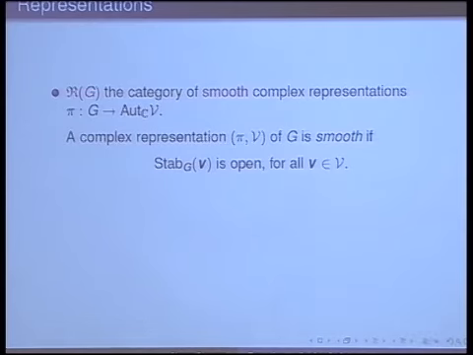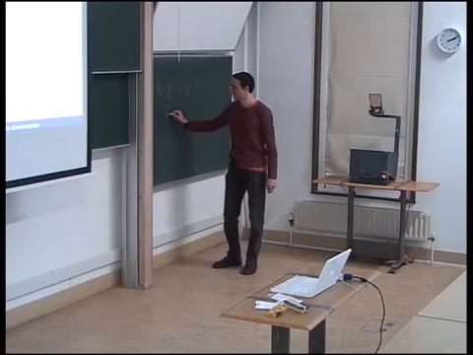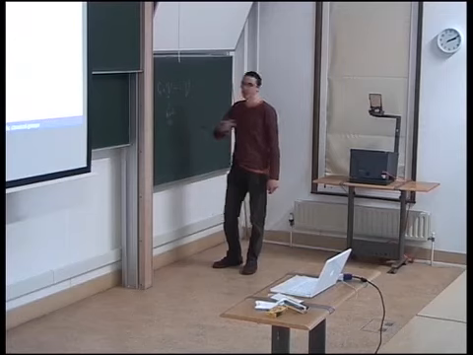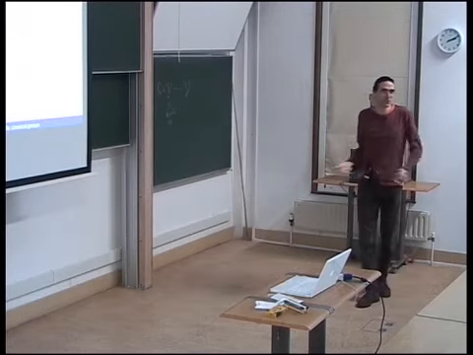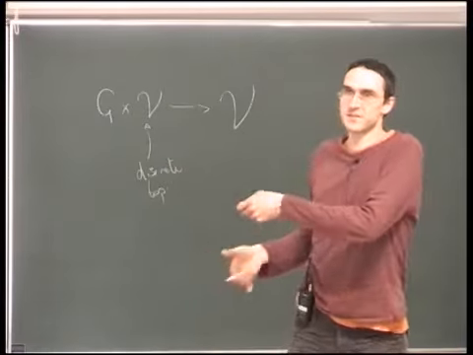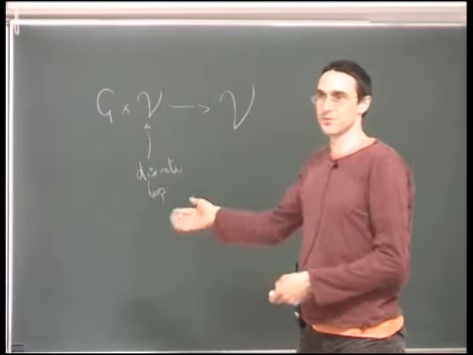It says that the stabilizer of any vector is open. If you like, one can also say that this map is continuous if you put the discrete topology on V. And when this is complex and G is p-adic, the topologies don't mix up anyway, so the only sensible thing that you can do is to put the discrete topology.